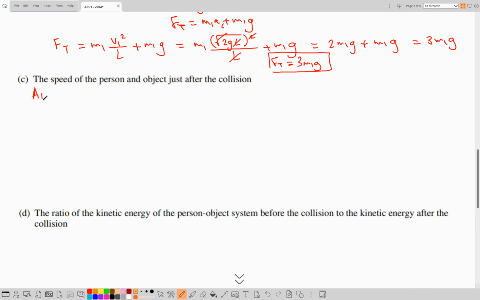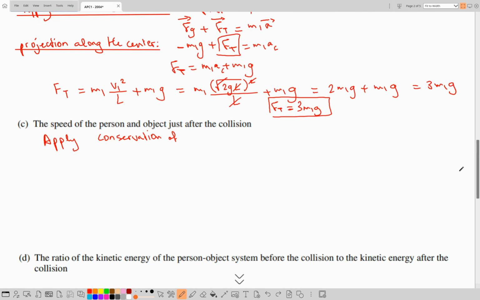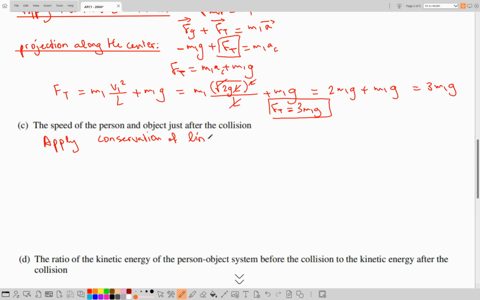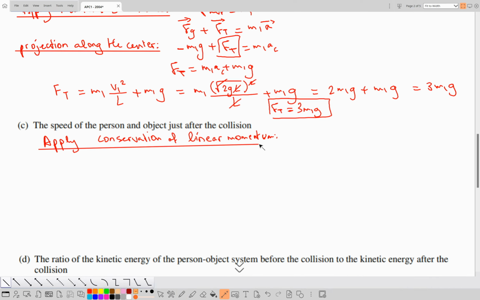So let me apply conservation of linear momentum, and we're going to say P initial would be equal to P final.